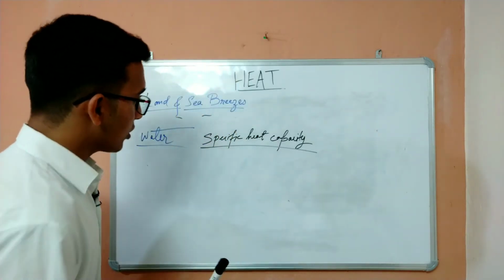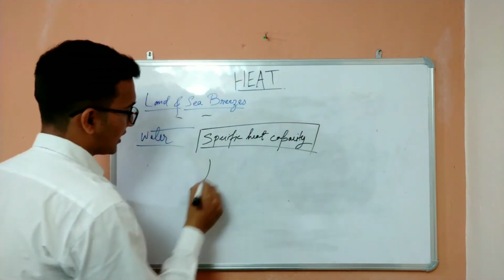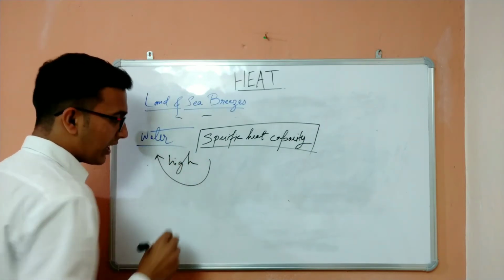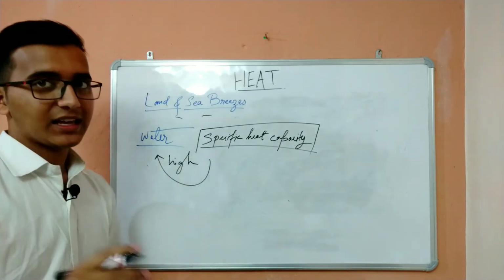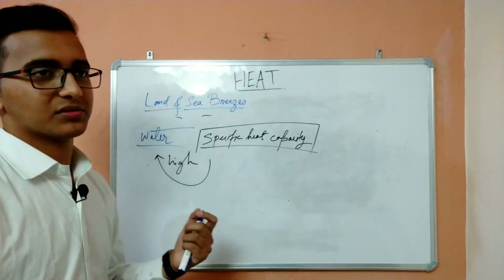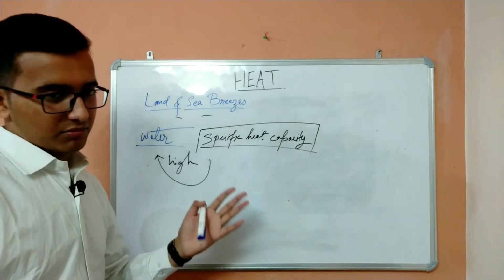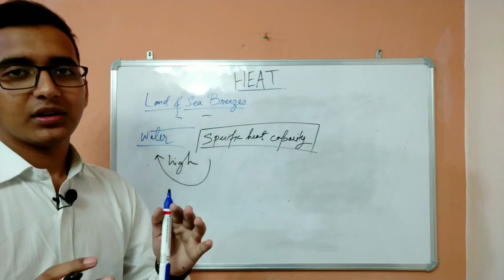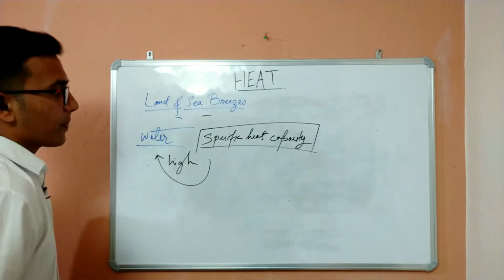Here what you are going to learn is that water has higher specific heat capacity compared to other metals or non-metals. It has a really good and high heat capacity, and water is found almost everywhere. There are many other substances which are better at specific heat capacity than water, but they are not readily available. But water is available.